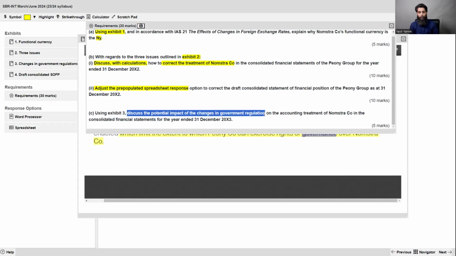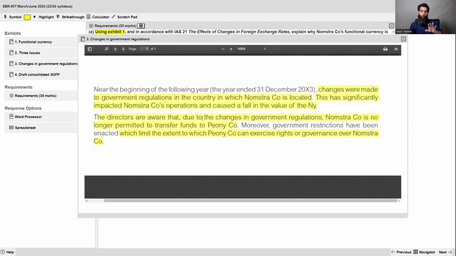Although it's not mentioned in the exhibit, from a practical standpoint, I think some sort of nationalization was done in the country of Normstra. You do understand what nationalization is, right? Nationalization is when the government takes control over private entities for any reason. It may be a scenario of war, or maybe a deliberate strategy of the government.